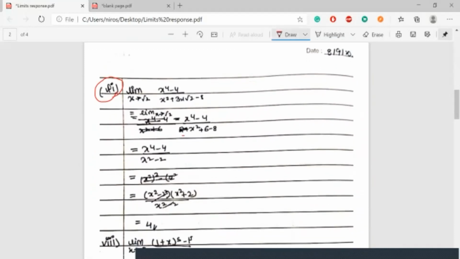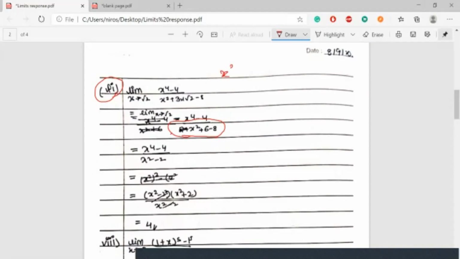I want to know this step, how you factorized. Okay, factorize this one.